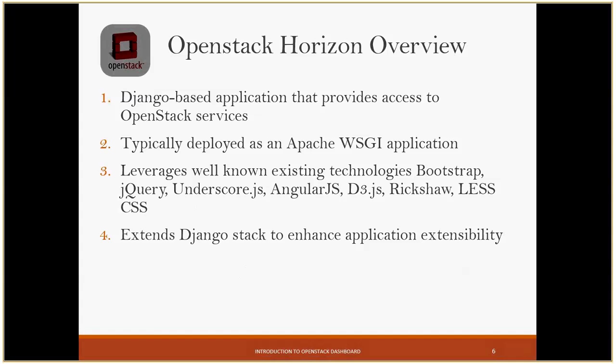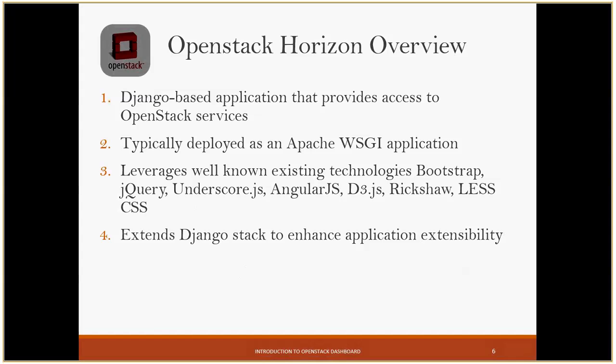Basically, Horizon is deployed as an Apache WSGI application, as we have on Red Hat type systems. Here we have the Apache WSGI application, and Horizon mostly leverages existing technologies like Bootstrap, JS, and Rickshaw. These are all part of the OpenStack dashboard.